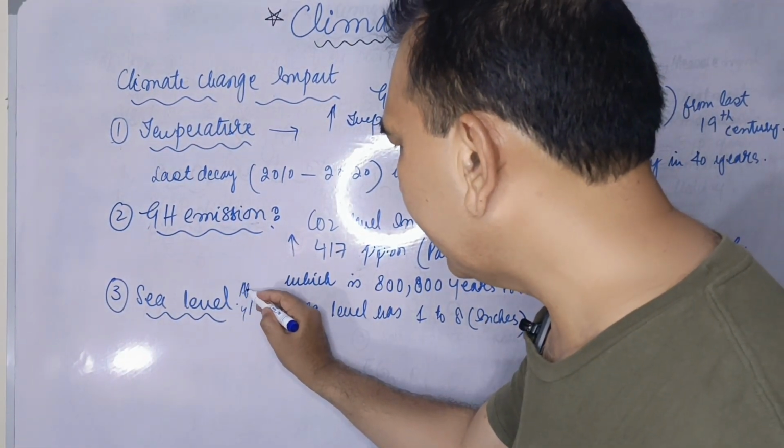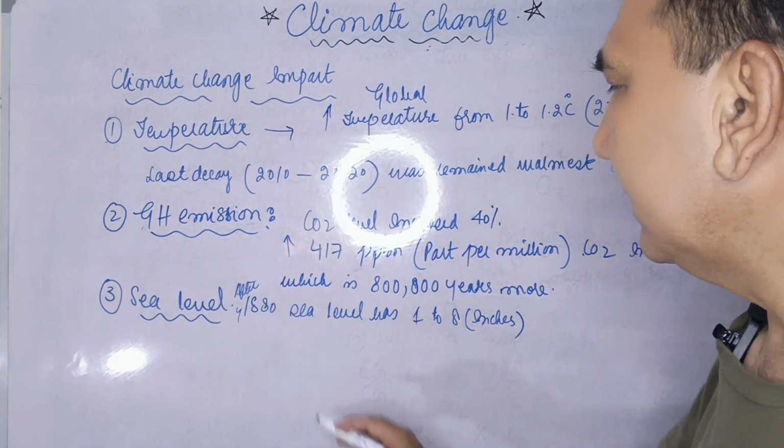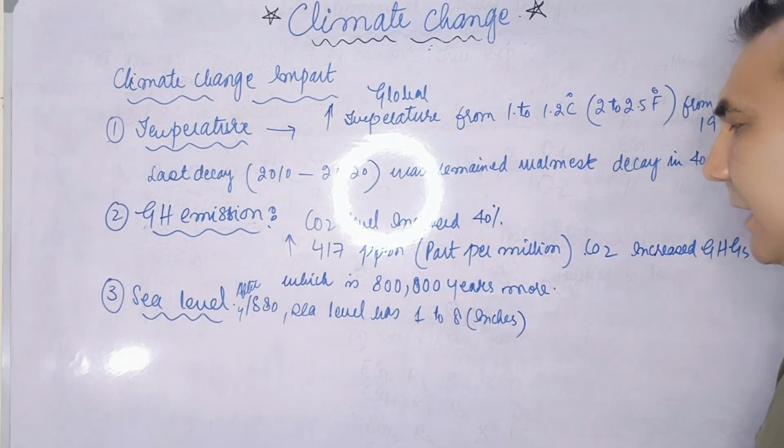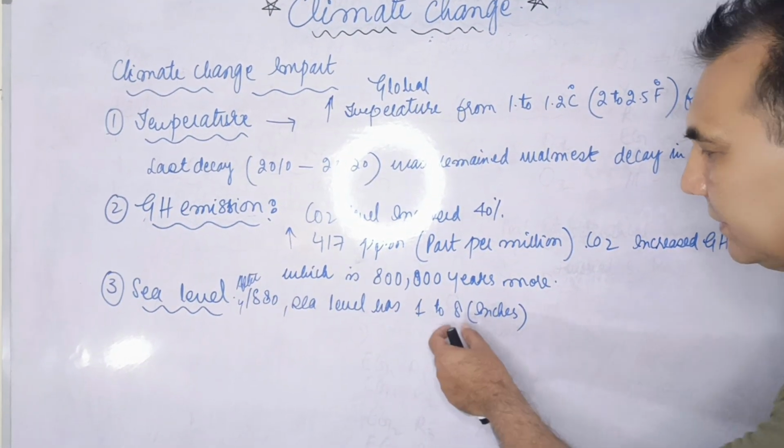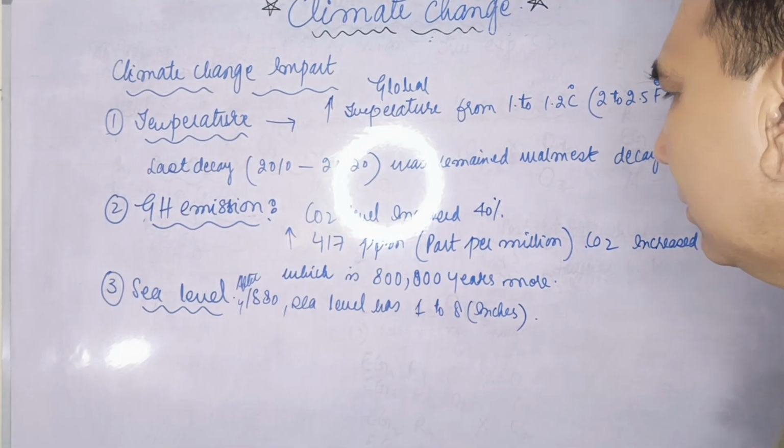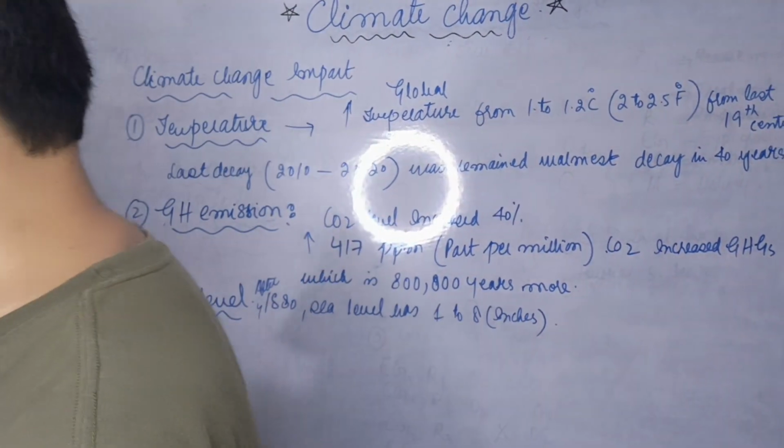After 1880, the sea level has increased by 1 to 8 inches.